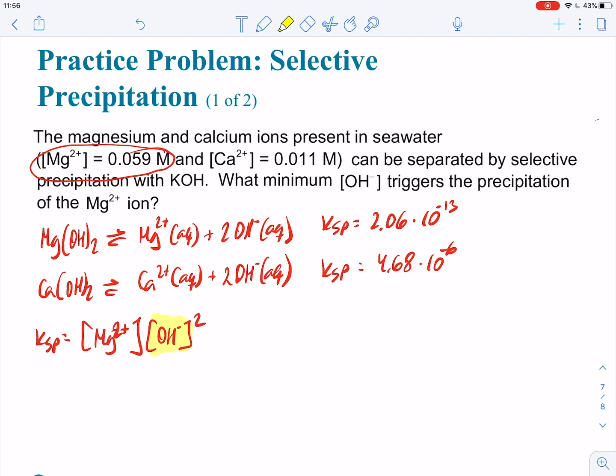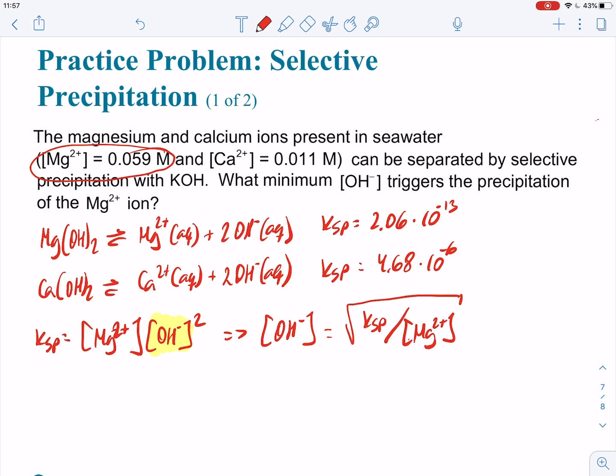What concentration of hydroxide is required to observe precipitation of magnesium, given that you have that concentration of magnesium? If you solve for hydroxide concentration, it's equal to the square root of KSP divided by the concentration of magnesium.